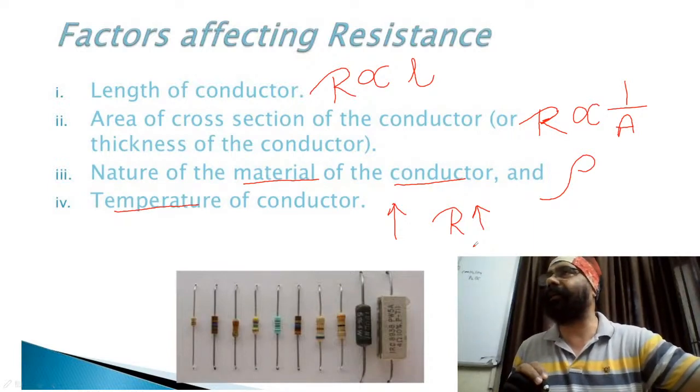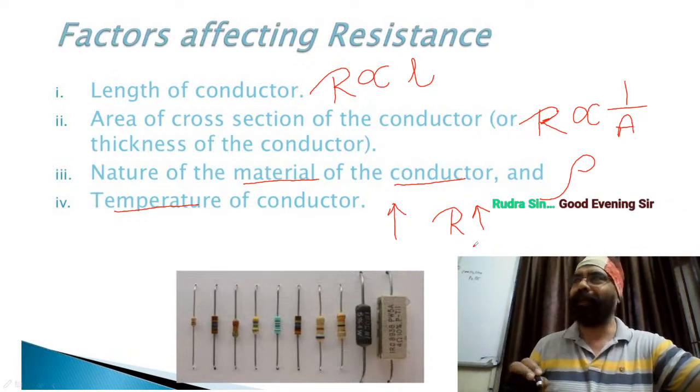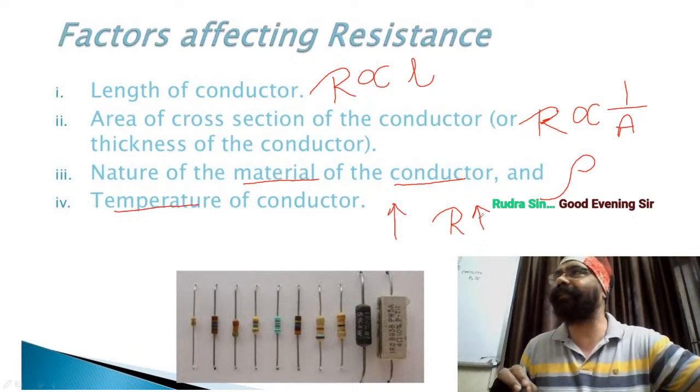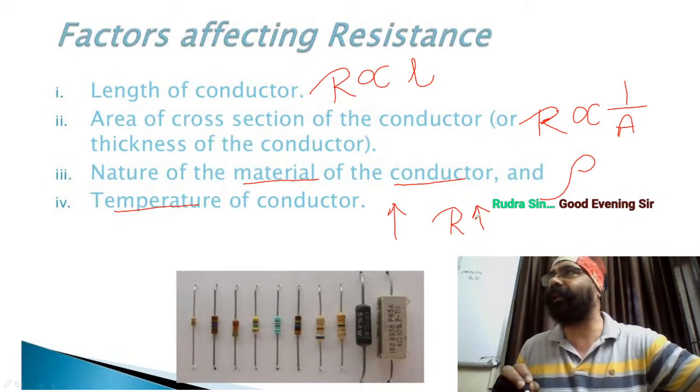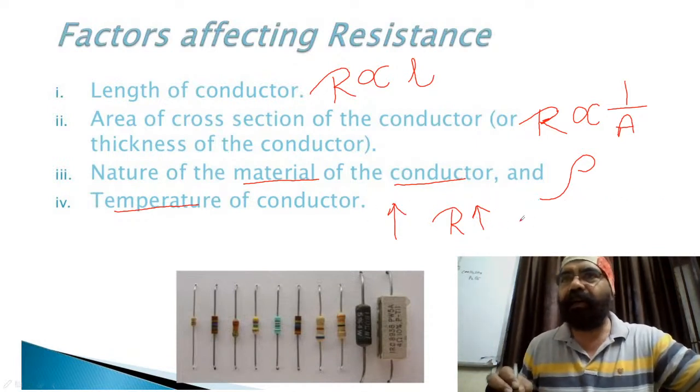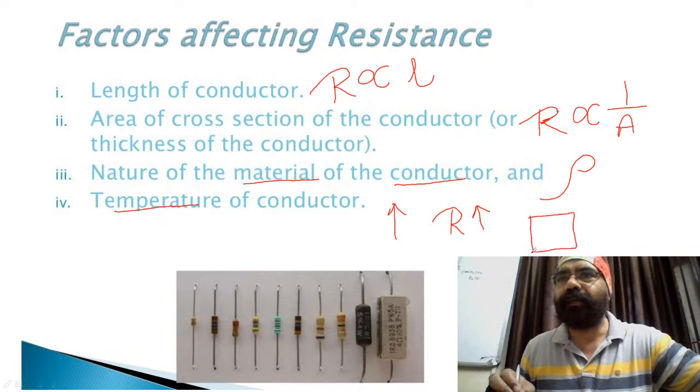Mishti has given us the correct answer. Mishti retracted it. That was the right answer, Mishti. What is resistivity? It is the resistance offered by the material of unit length and unit area of cross section, which means if I take it to be a square conductor with dimensions 1 meter by 1 meter, its area of cross section becomes 1 meter square.